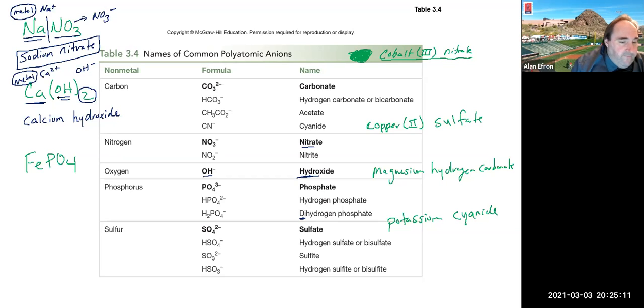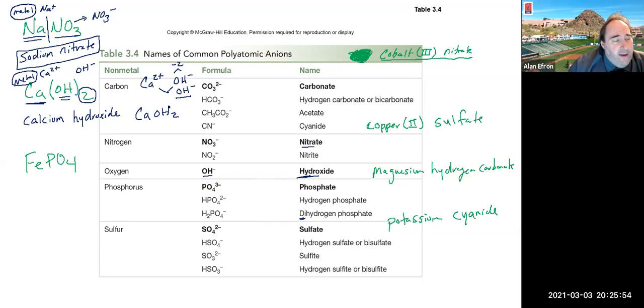Let's talk a little bit about the formula here, though. We have calcium basically here, and we're putting hydroxide together. So again, we have +2 and -1. So we really do need 2 of these guys to balance out the charge. That would give us a -2 charge. That is a +2 charge. So when we write a formula like that, if we just wrote it like this with no parentheses, that would imply that we have 1 calcium, 1 oxygen, and 2 hydrogens, which is really not the case because, as you see here, we have 2 oxygens and 2 hydrogens.